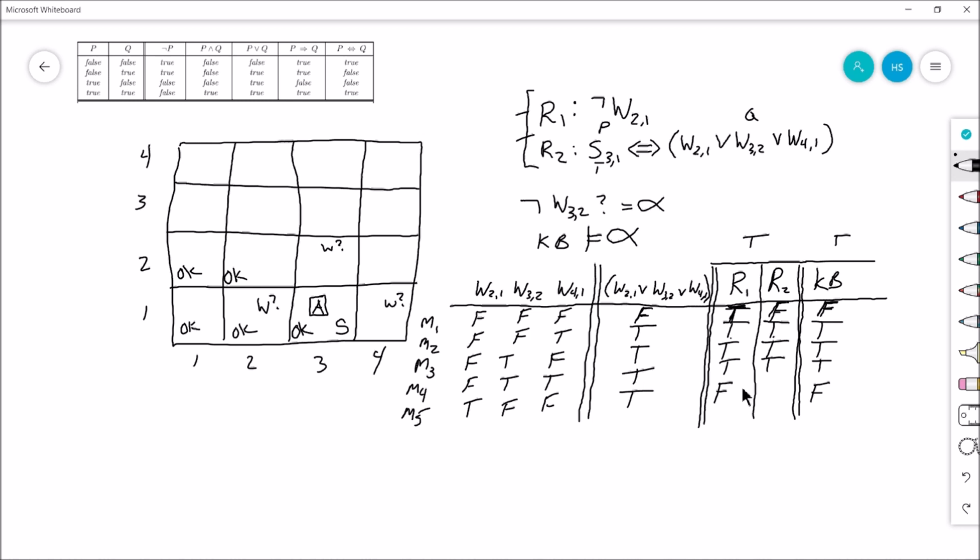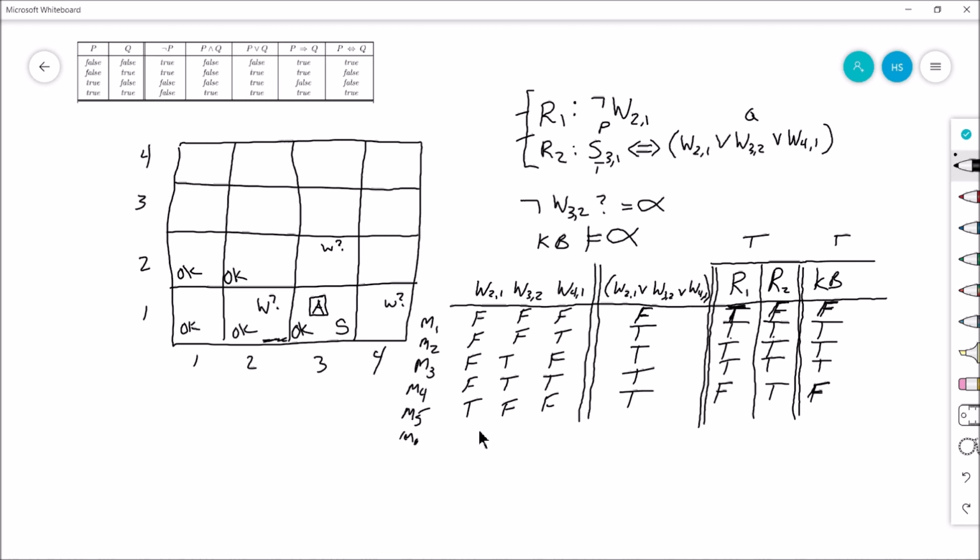Now, is the bidirectional satisfied? Well, S31 is true, and so the P part's true, the Q part's true, so this is true. But the thing is R1 is not satisfied because remember we knew that that square had no wumpus. So this particular model, M5, makes our knowledge base false, so we'll disregard it.